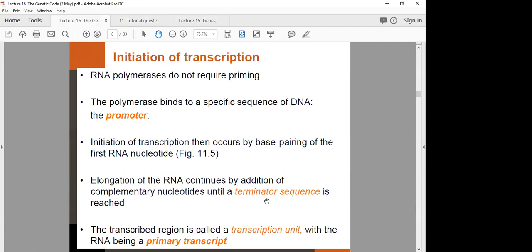It's called a terminator sequence. And this is where the synthesis of the RNA stops and the RNA molecule is released from the DNA. The transcribed region is called a transcription unit, with the RNA molecule being called a primary transcript.